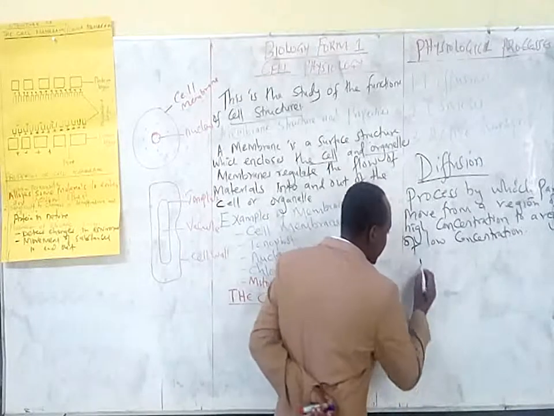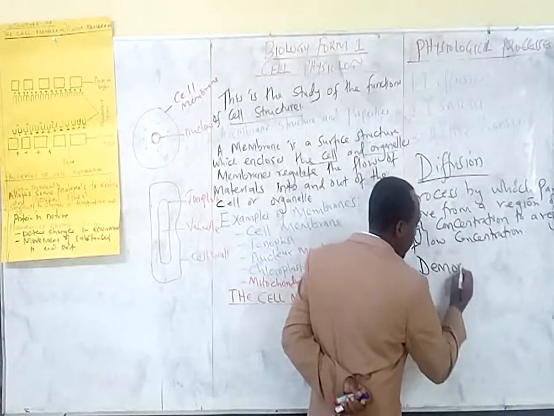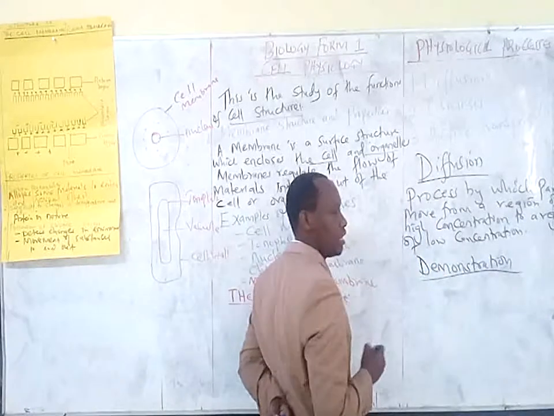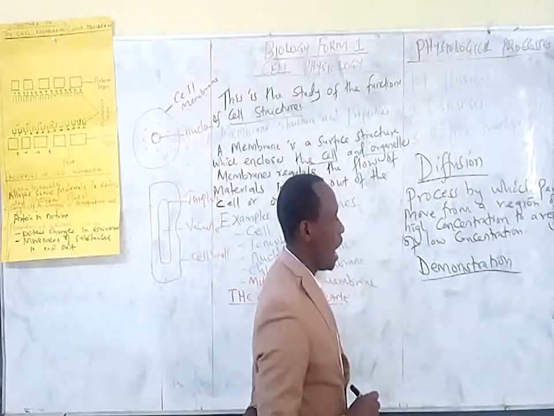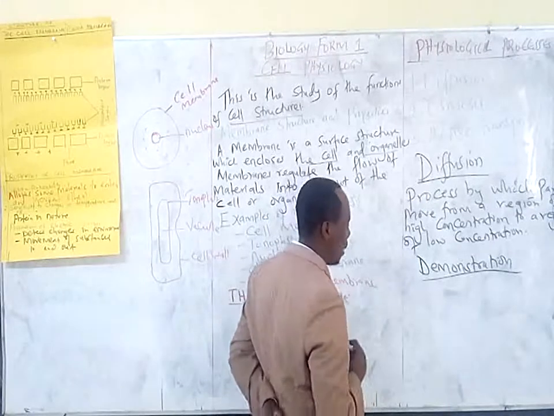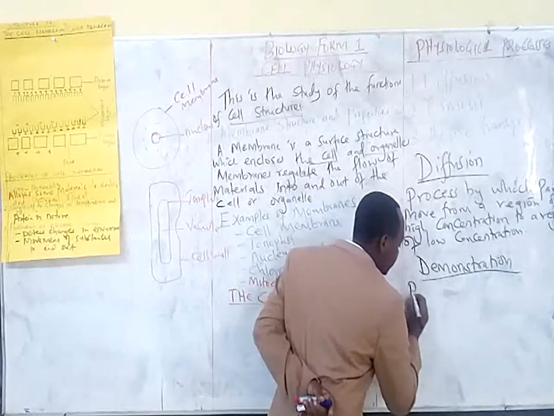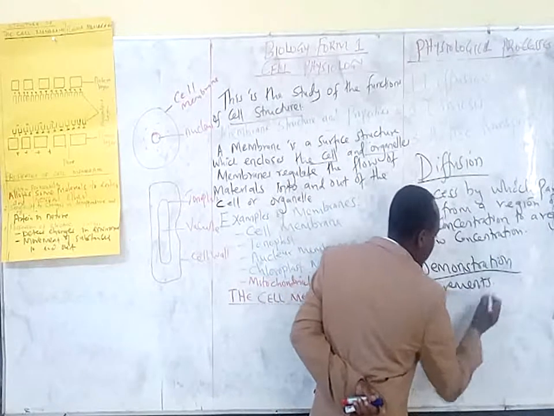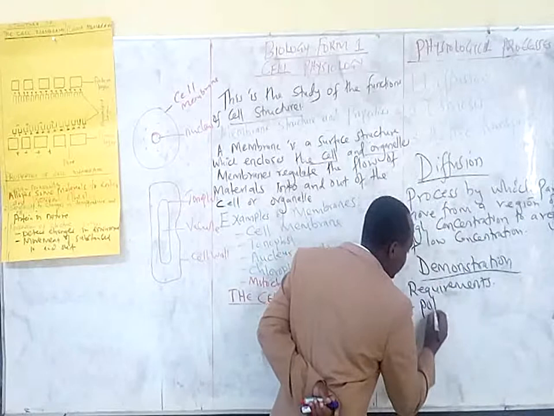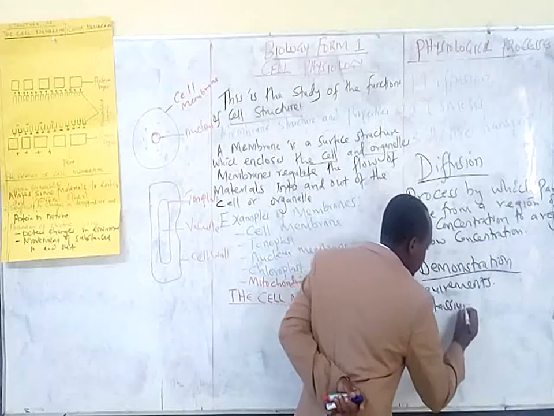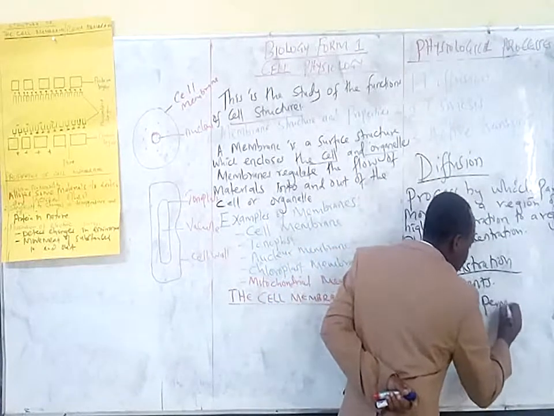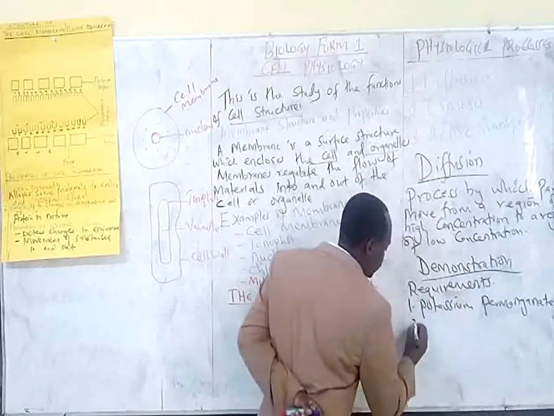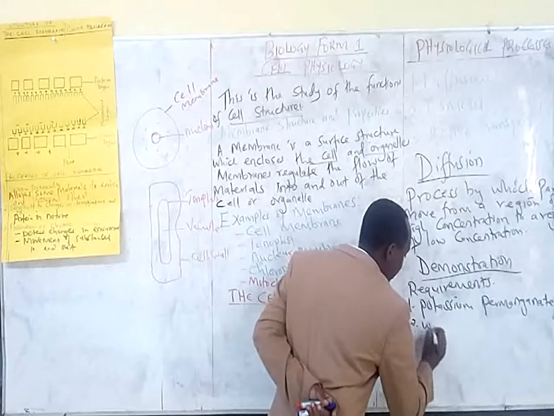So I will have a demonstration to show diffusion. And what will I use here? I will use potassium permanganate. Number one, potassium permanganate. Number two, I will have water in a beaker.